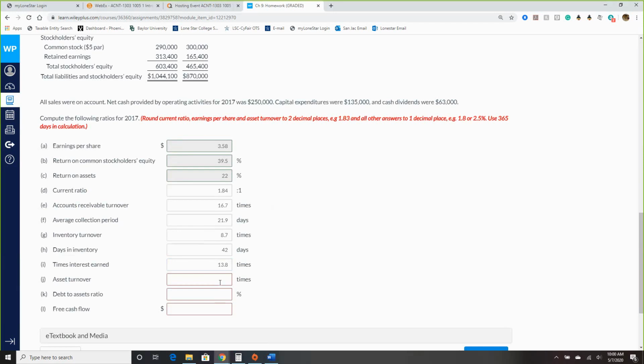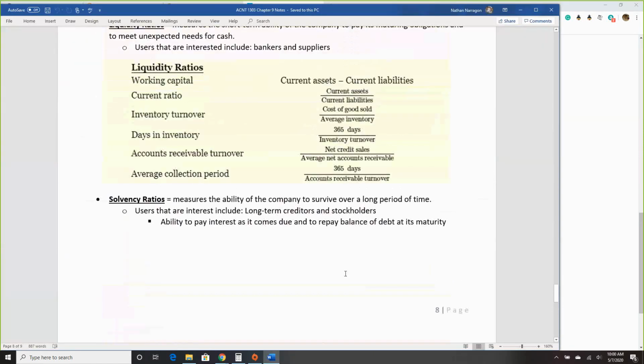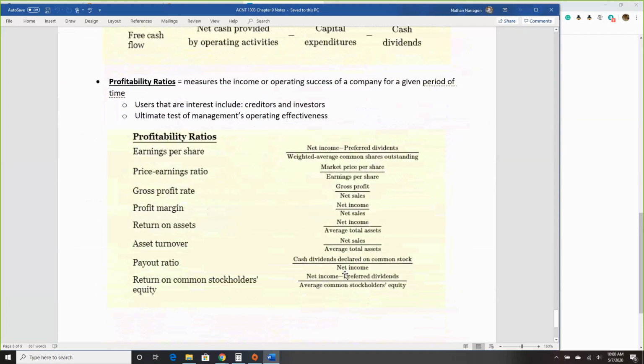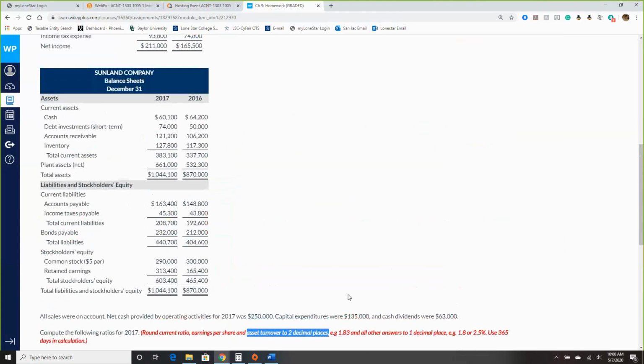Okay, asset turnover. That's another one that we do to 2 decimal places. So let's go look at that one. There it is: net sales divided by average total assets. A lot of averages going on here.